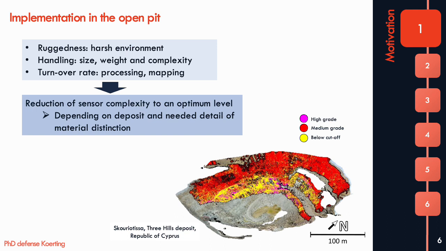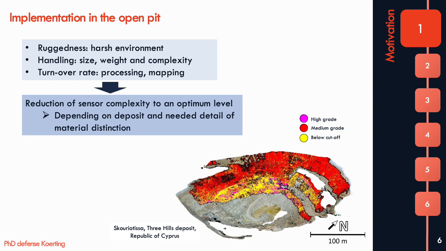In order to implement pit face scanning into the open pit, we still have a few challenges to overcome. First of all, we have the very harsh environment, which needs a rugged and easy to handle sensor. Handling means a decrease in size, weight, and also complexity.